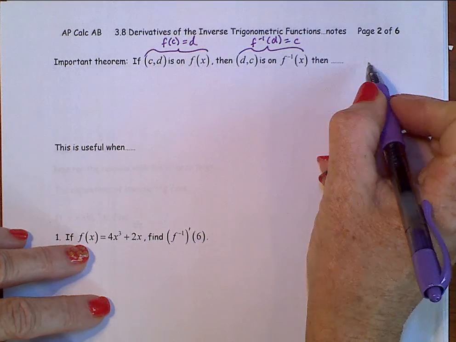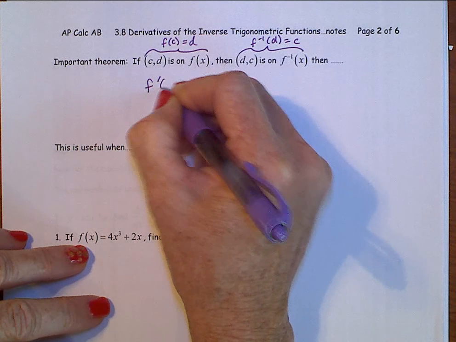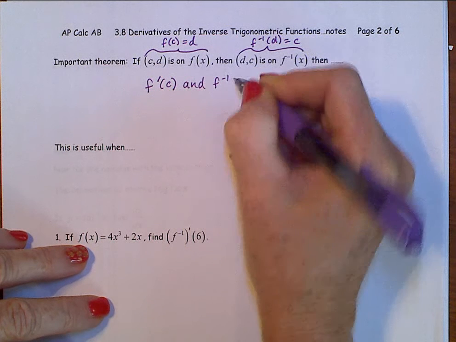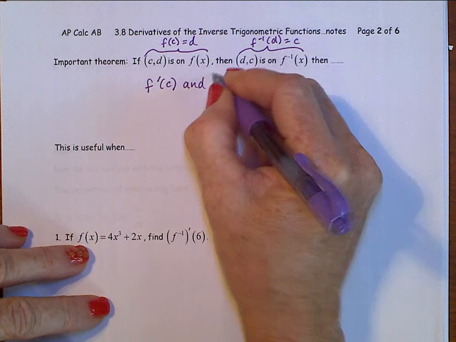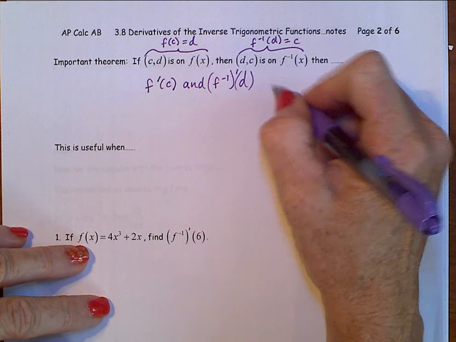So if we have this situation, then f prime at c and f inverse prime at d are reciprocals.